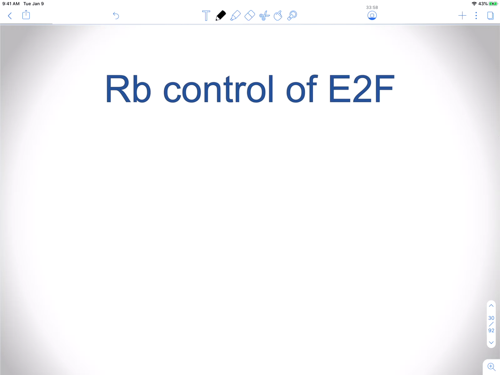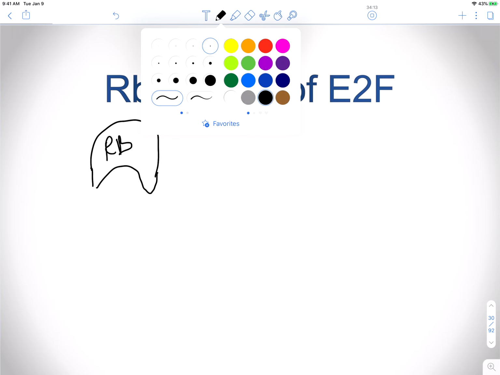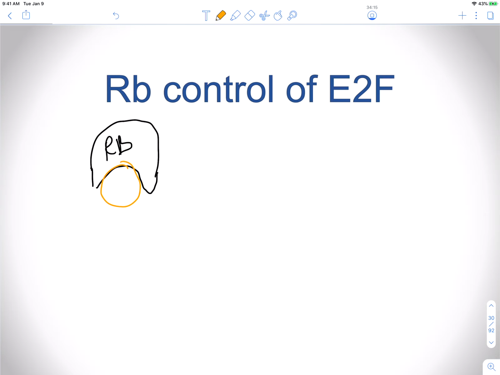So RB control of E2F, just very quickly: you have retinoblastoma, which is just a protein. You can think of it as a little helmet, and inside of the helmet is going to be E2F. So E2F is inside of the helmet, and retinoblastoma is causing E2F to be non-functional.